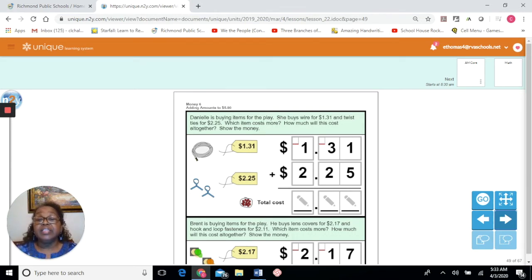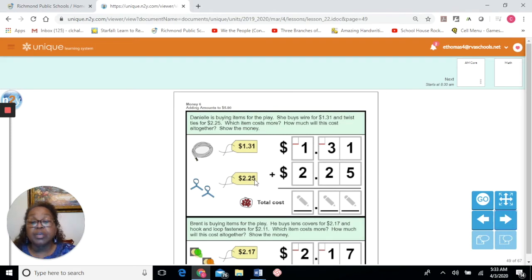All right, Danielle is buying items for the play. She buys wire for $1.31 and twist ties for $2.25. Which item costs more? Got to make a comparison. Which one is more, the $1.31 or the $2.25?